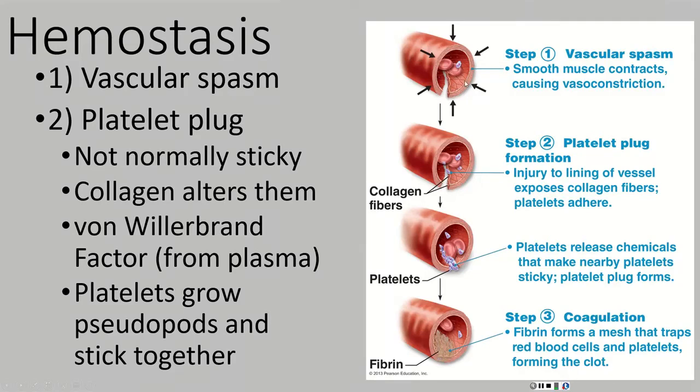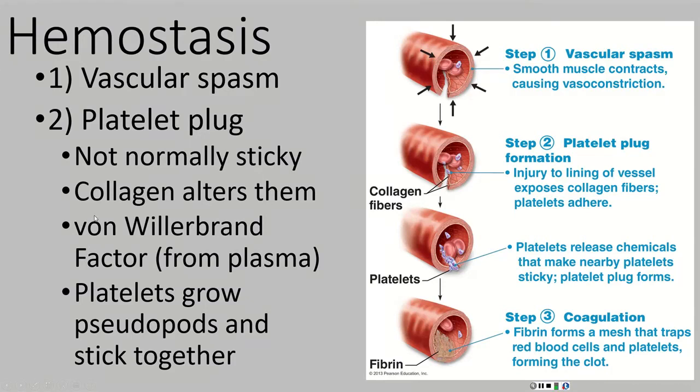Think back to Bio 137, the different tissues that are in a blood vessel. Well, there's collagen in that blood vessel because of the elastic connective tissue. There's collagen there, and those collagen fibers, when we tear this blood vessel open, the collagen fibers are exposed. And collagen alters platelets. It causes them to become sticky.